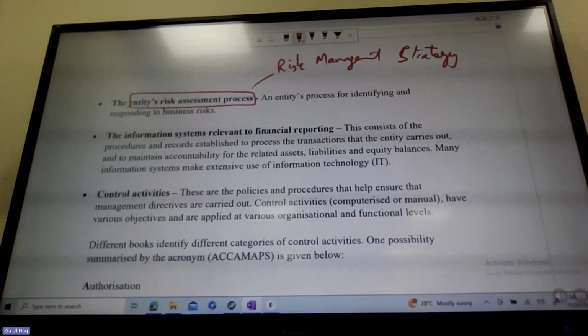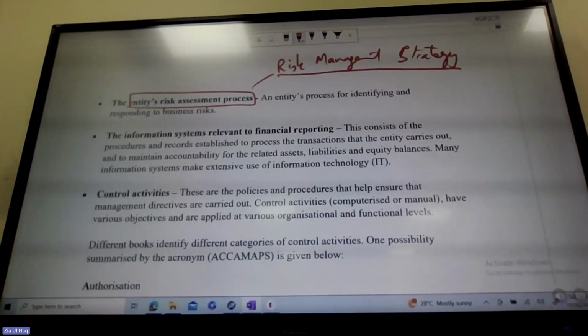If business risks are under control, this means the control system will be strong. If the organization is not preparing a risk management strategy, meaning they are not identifying and controlling their business risk, and risks are not under control, this is a sign of a weak internal control system.